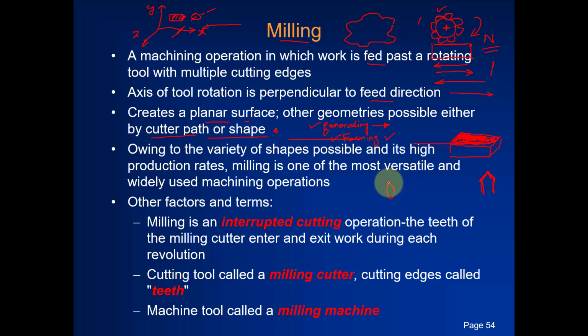For example, in a turning operation, if you have a larger diameter rod and you want to reduce it to a smaller diameter D throughout the length of the workpiece, you perform turning, because in turning a larger diameter rod is converted into a smaller diameter rod with the help of a cutting tool that moves parallel to the axis of rotation of the workpiece. Clear?